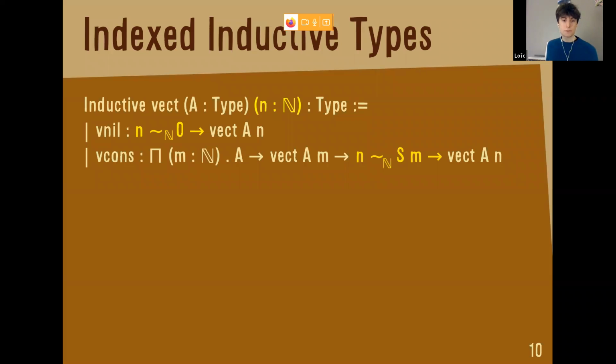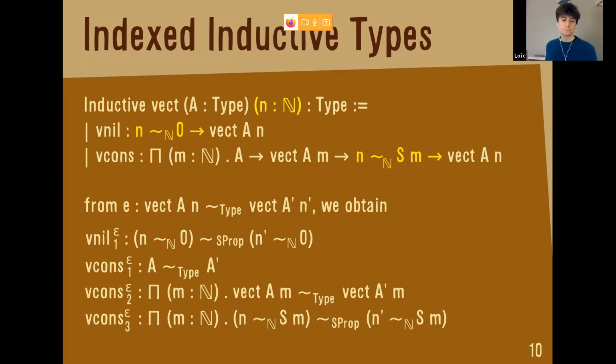And so what does it mean for two types of vectors to be equal? Well, we decide that if the type Vect A n is observationally equal to Vect A' n', we will obtain a proof of observational equality between all the types that intervene in the constructors.